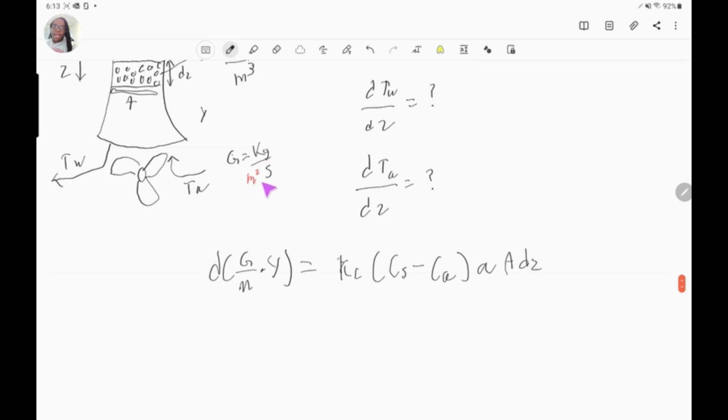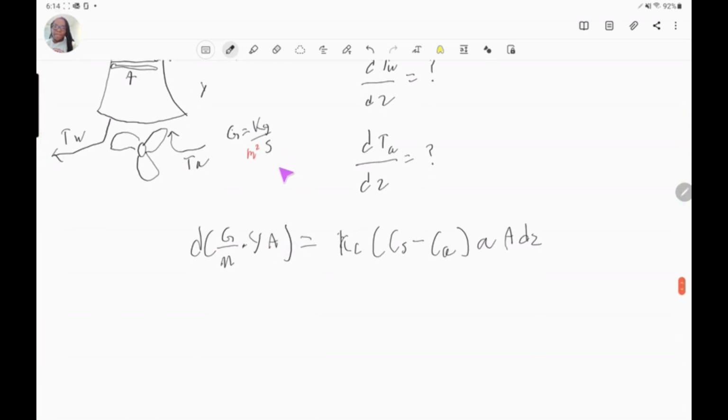Earlier I said that we have this meter squared here, and that's in there so that we can add the cross-sectional area to this side too. The reason we're doing that is because this cross-sectional area otherwise would just be bouncing around in the equations, and so we want to get rid of that to make this simpler.